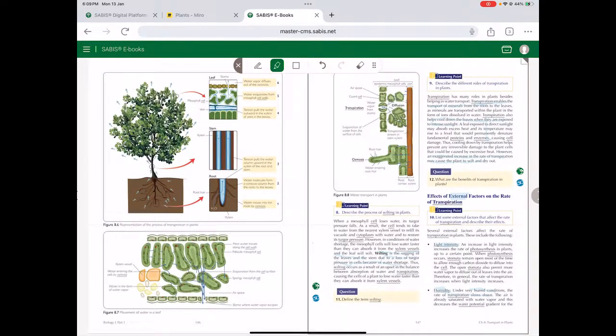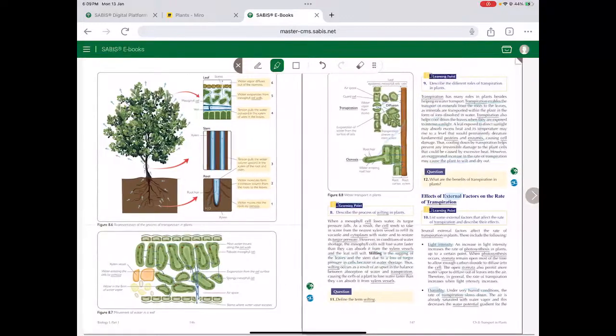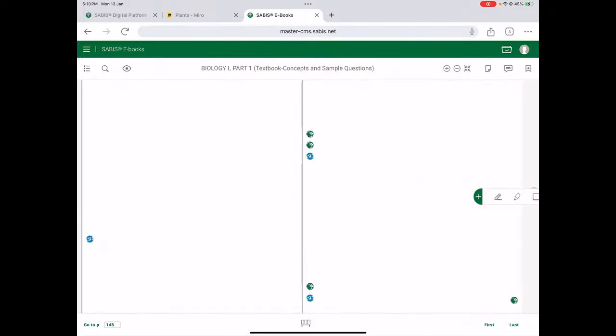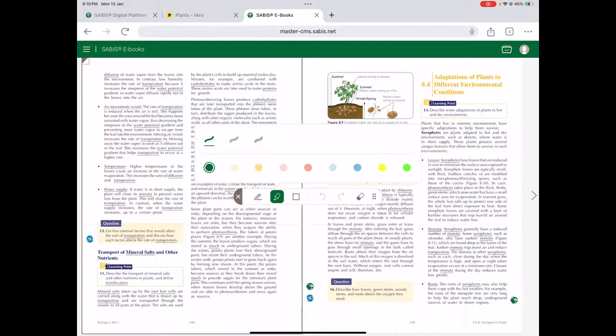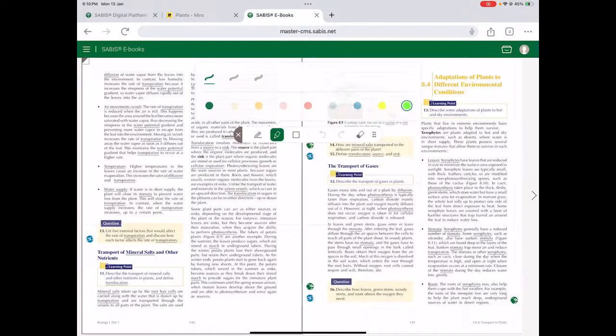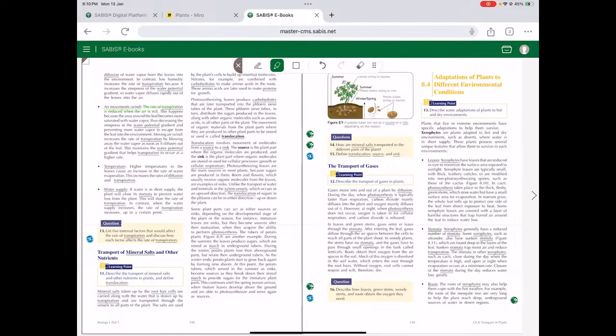So just make yourself aware of these external factors. Let's check the other external factors. Okay. Air movements. The rate of transpiration is reduced when the air is still, but when the air is moving, it will increase.